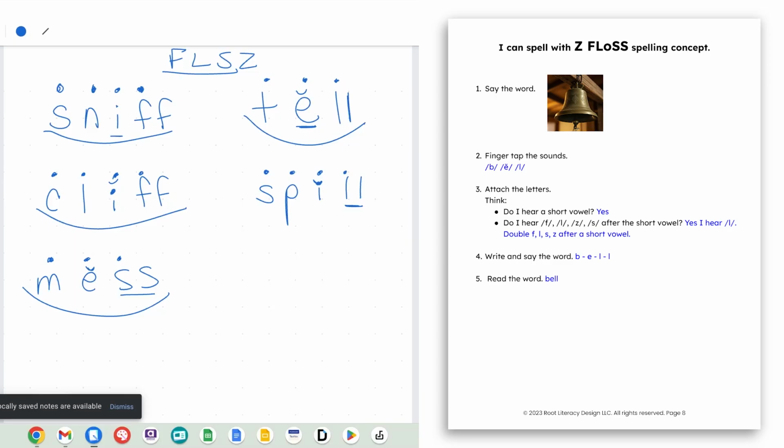I would always tell my students, repeat the word frizz. Frizz. Tap the sounds. F, R, I, Z. Attach the letters. F, R, I, Z, Z. When I hear that short I and then the Z, I know I need to double it in a one-syllable word.